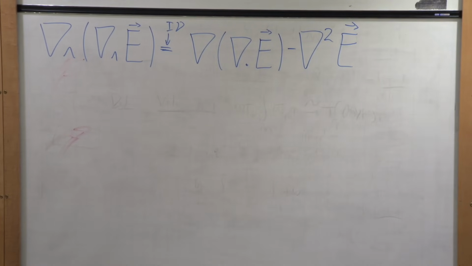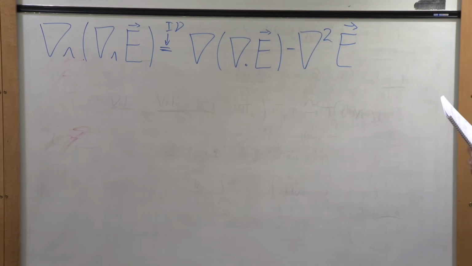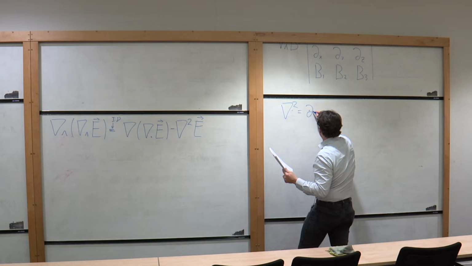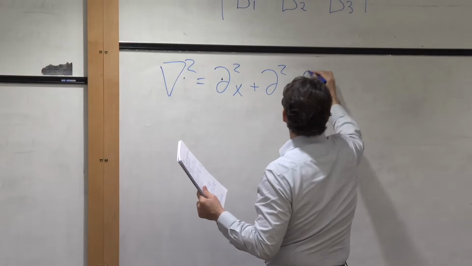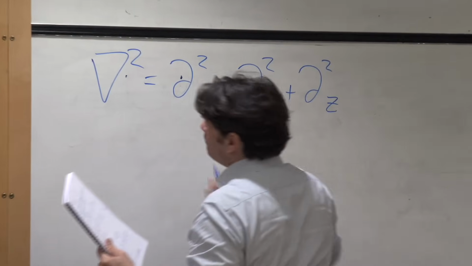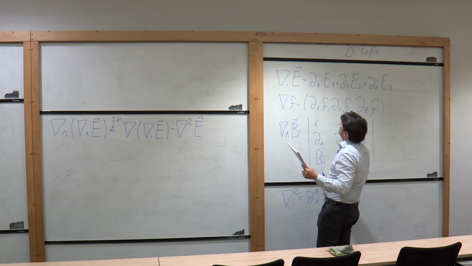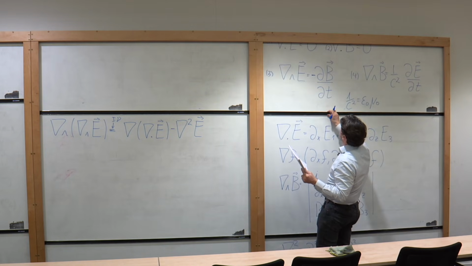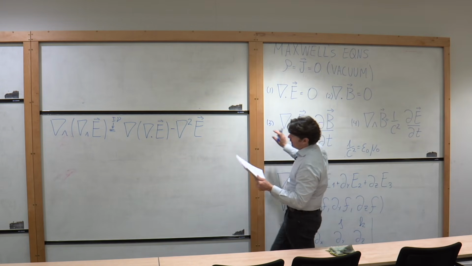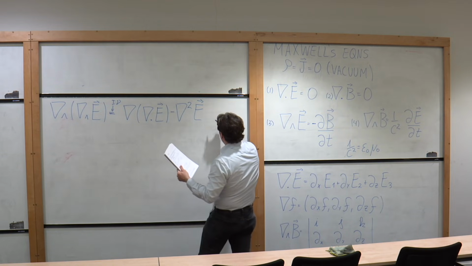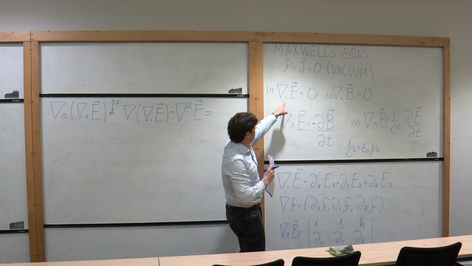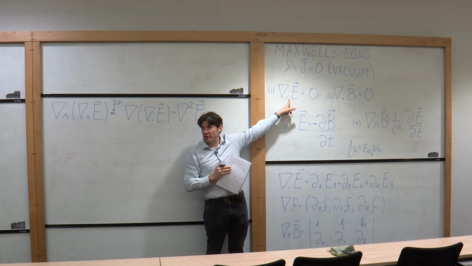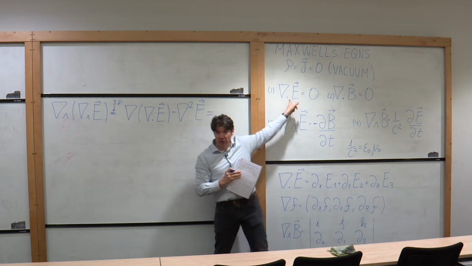Remember, the Laplacian acting on something is the second derivative in x plus the second derivative in y plus the second derivative in z, as an operator. This is true for any vector, but now we will use Maxwell equation 1, which tells us that the divergence of E is equal to 0, okay?